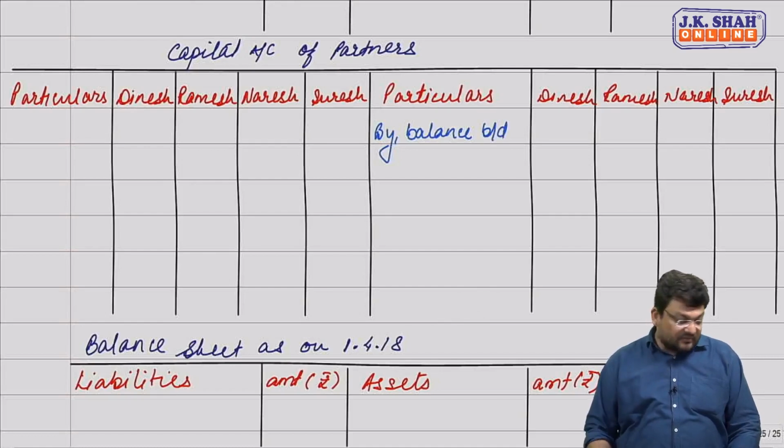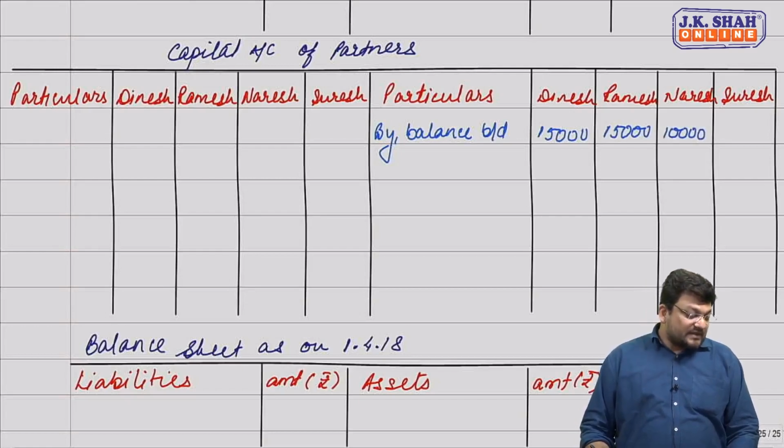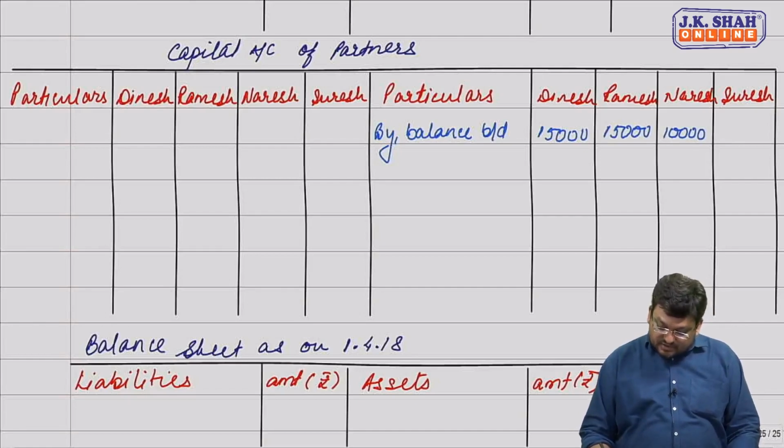Capital balances are given as 15, 15 and 10,000. Then there is also a balance in general reserve.